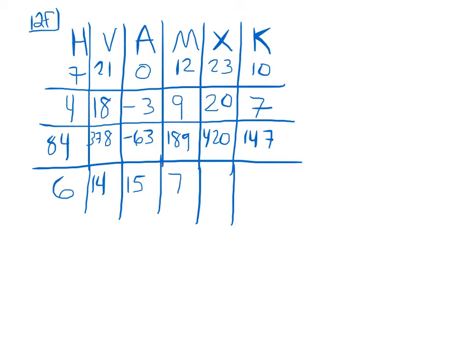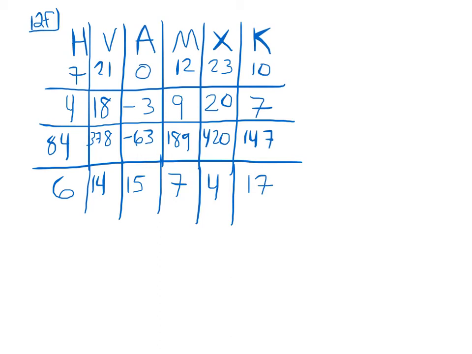And I get 7. 420, I'm going to subtract 26. And I get 4. And then 147, just keep subtracting 26, and we get 17.